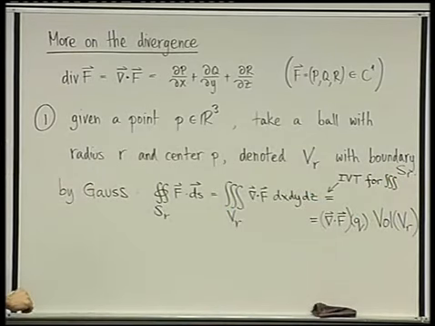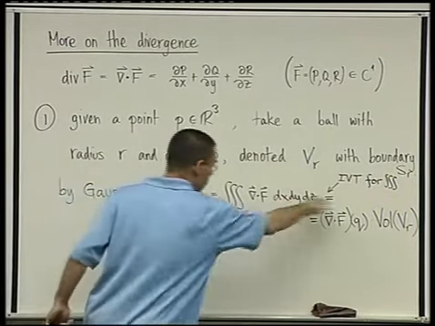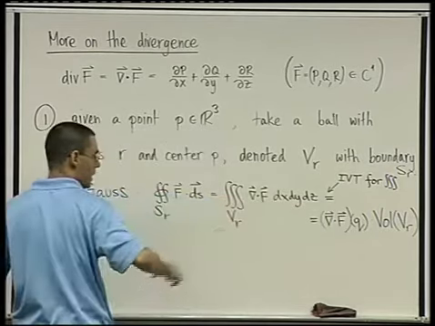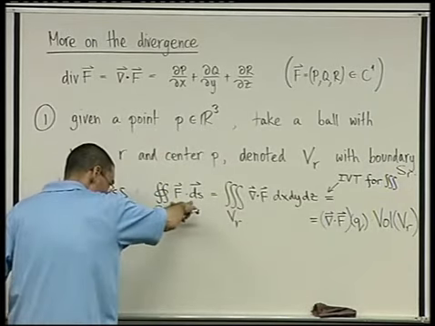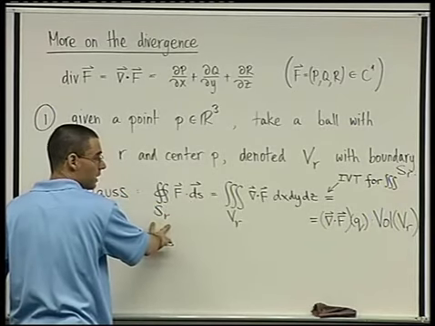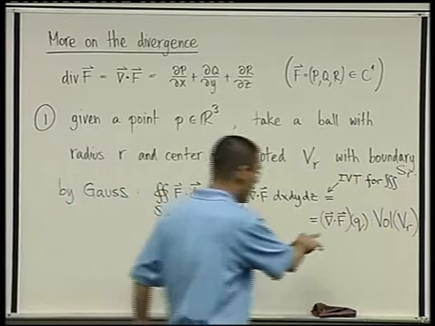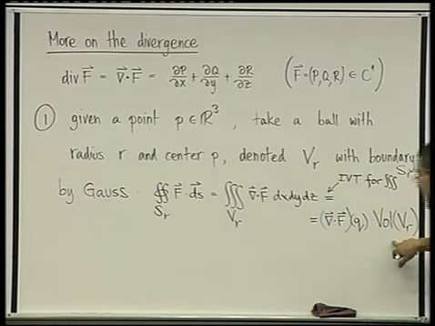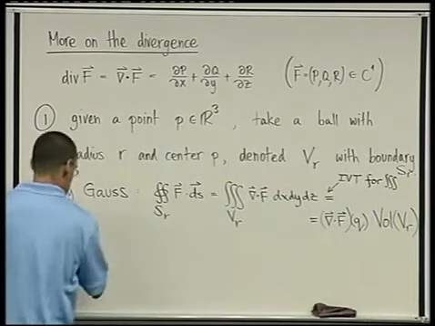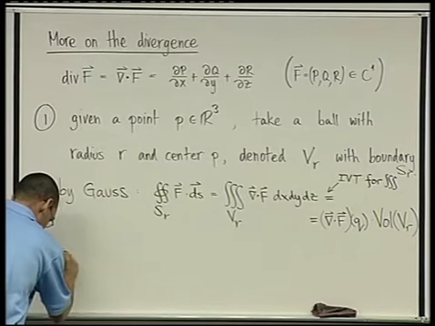Okay? So this we know by Gauss, and now we can ignore the middle portion of this equality. So the surface integral over the sphere of radius r equals the divergence at some point Q inside the sphere times the volume of the ball, of which the sphere is the boundary. Therefore, this leads to the definition.